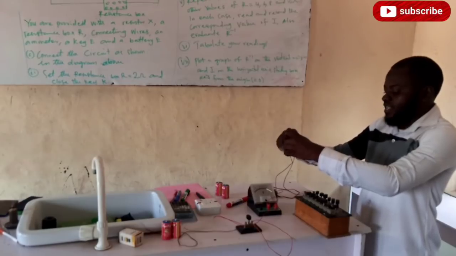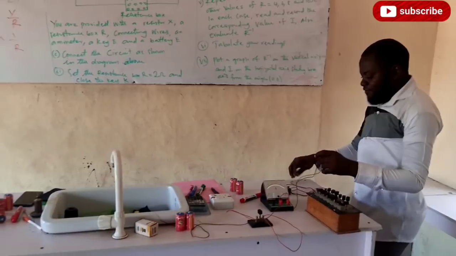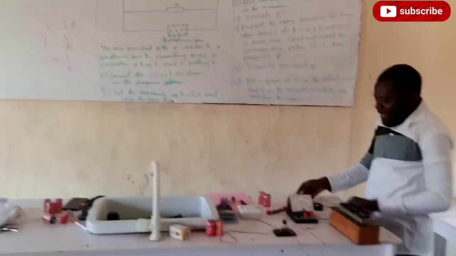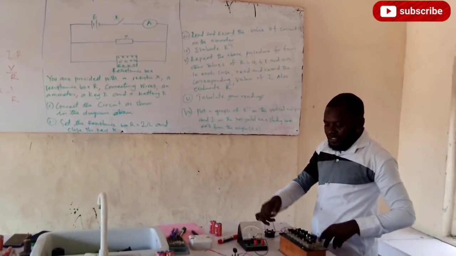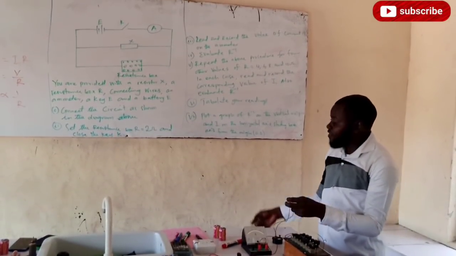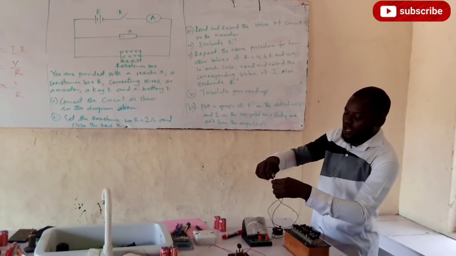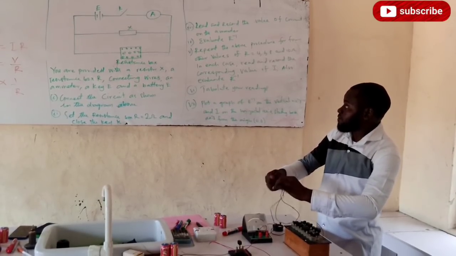So we have it connected like this, and at the same time we have our 2 ohms resistor that is in parallel. The 2 ohms resistor is in parallel. If you look at it now, you can see they are parallel to each other, parallel to the resistance box. So this is the negative terminal of the 2 ohms resistor as well.